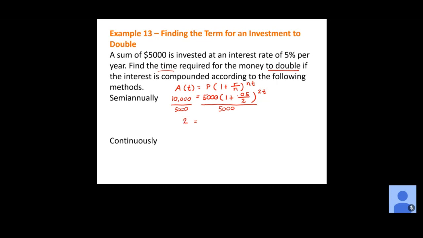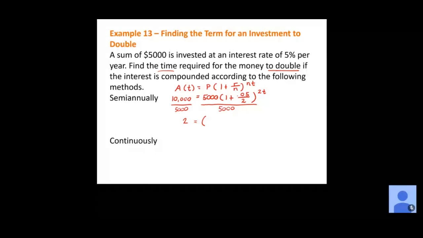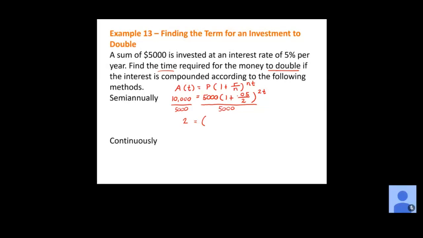So we're just going to have 2 over here. Now on the other side, we can go ahead and start cleaning up what we've got. So we have the 1 plus 0.05 divided by 2. So what's 1 plus 0.05 divided by 2 going to give us? Good. 1.025 to the 2t power.